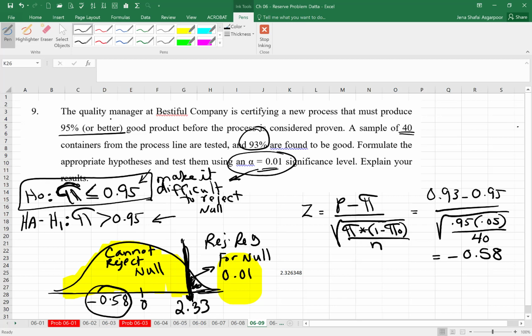So he cannot claim that the new process is producing 95% or better good products. Therefore, we fail to prove his point, and there is not enough statistically significant evidence for him to say that his process is making 95% or better good products. Thank you.